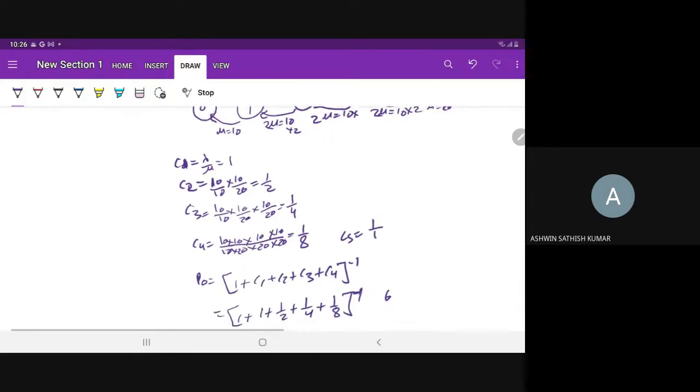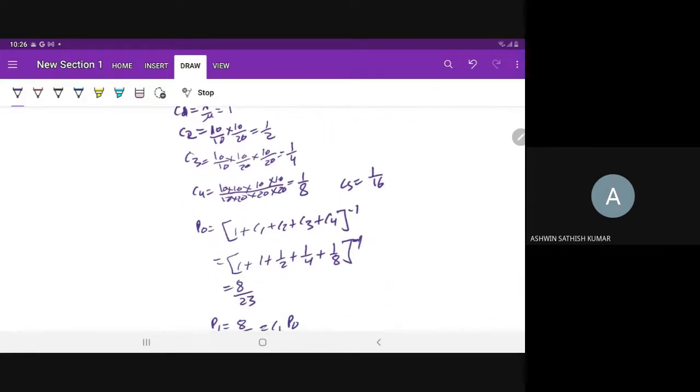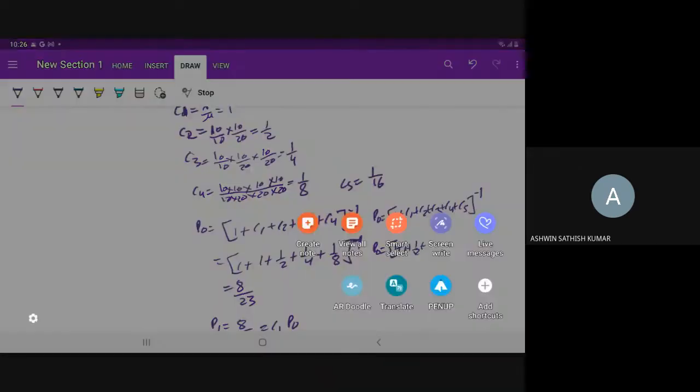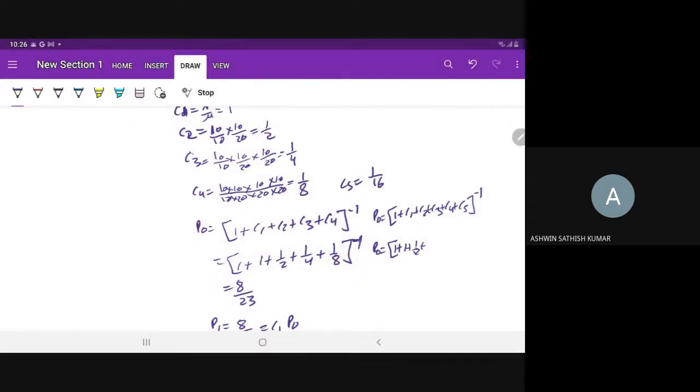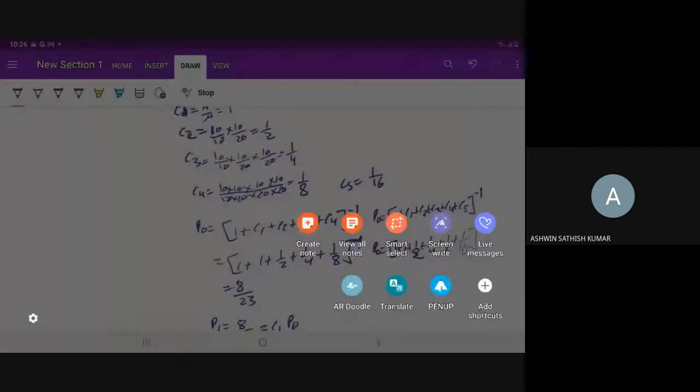So P naught will be the inverse of 1 plus C1 plus C2 plus C3 plus C4 plus C5. So P naught will be 1 plus 1 by 2 plus 1 by 2 plus 1 by 4 plus 1 by 8 plus 1 by 16, inverse.